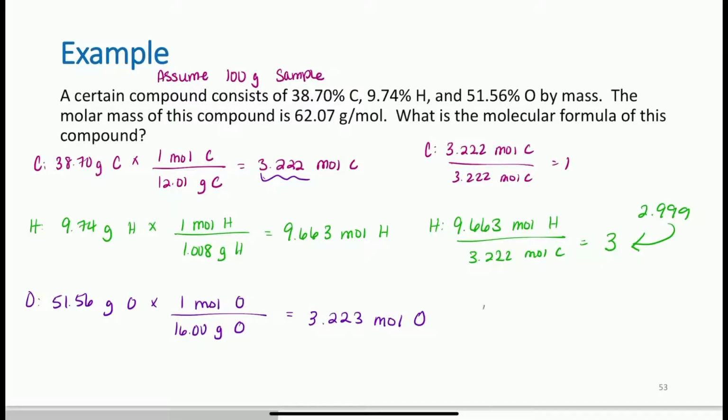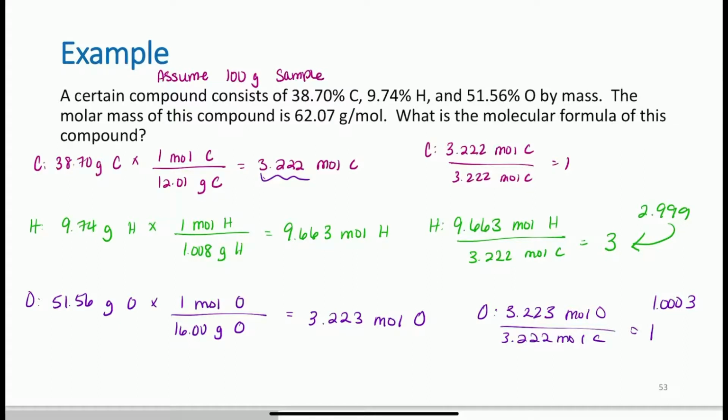And then for oxygen, 3.223 moles of oxygen to 3.222 moles of carbon. I know it's 1, but if I actually calculated that out, I would see it still rounds to 1, for all intents and purposes, 1.0003, which would be 1.000.